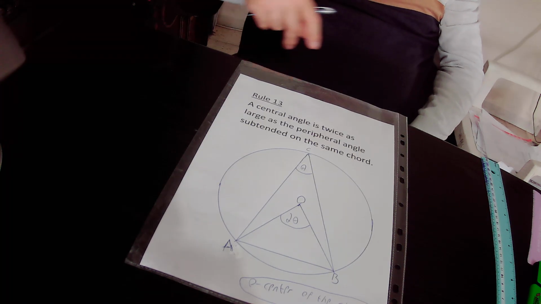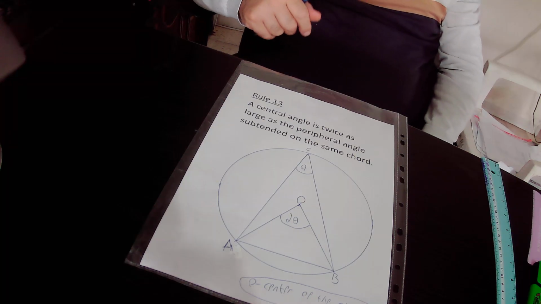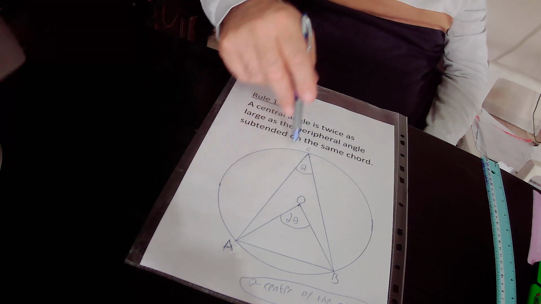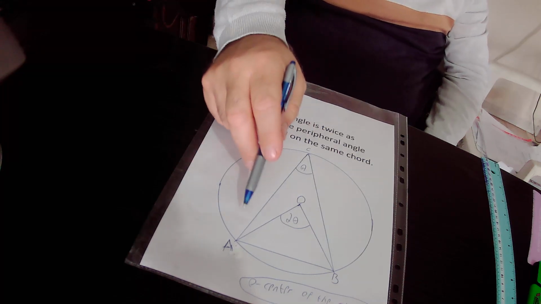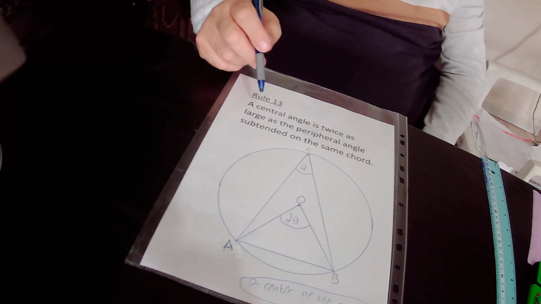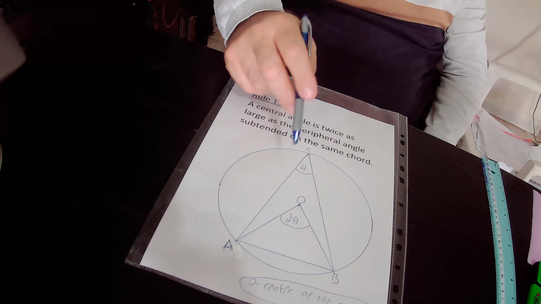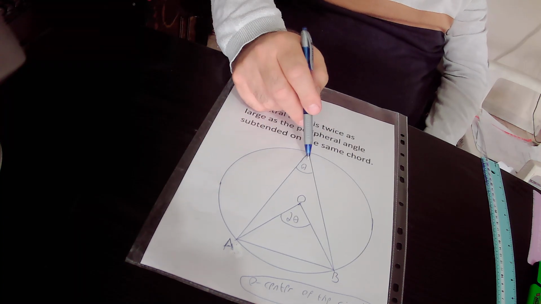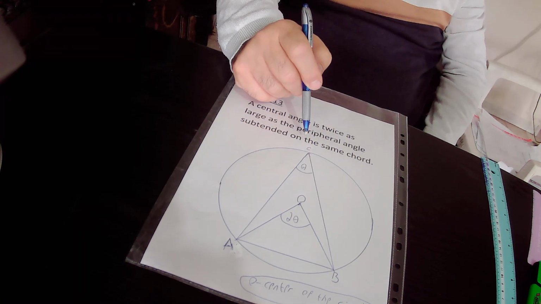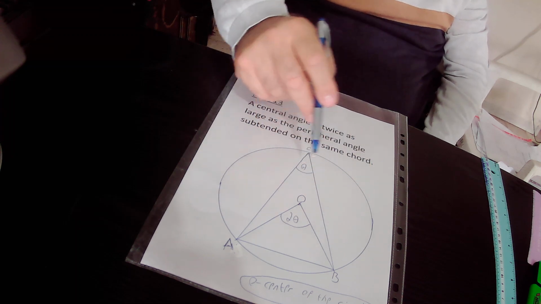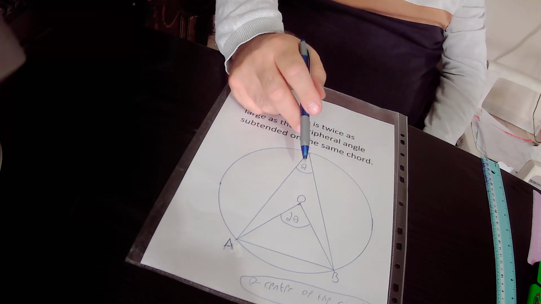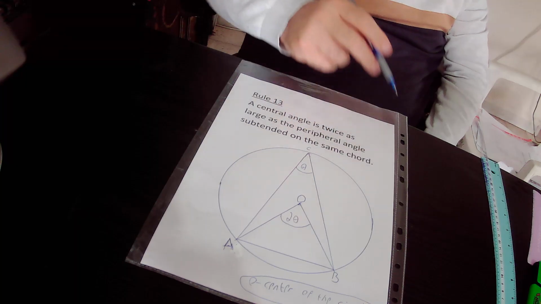So in the drawing we have a circle, and this is peripheral angle ACB that subtends on chord AB. And the size of this peripheral angle ACB equals theta. In addition, we have here center angle AOB subtending also on the same chord AB.